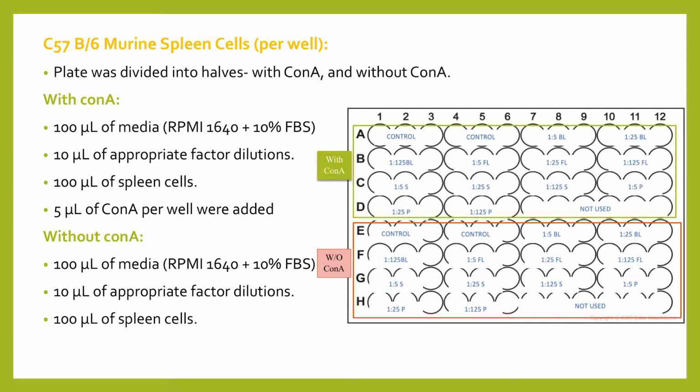In this case, we had to divide the plate in two halves. The first one contained Con-A, which is a mitogen used in order for us to know how the cells can proliferate. It aids the spleen cells to proliferate, because usually without the mitogen, without Con-A, we wouldn't be able to see much growth, factor or no factor added.